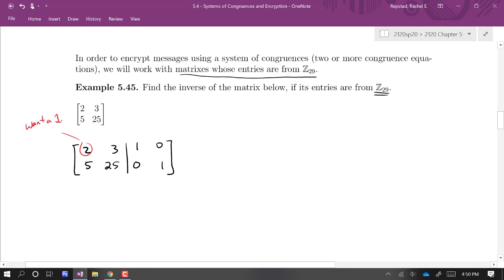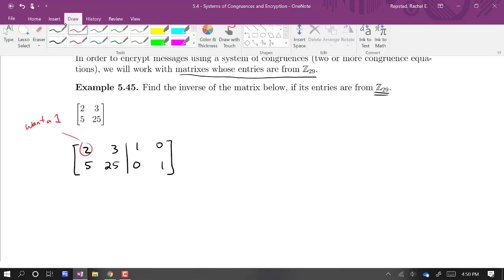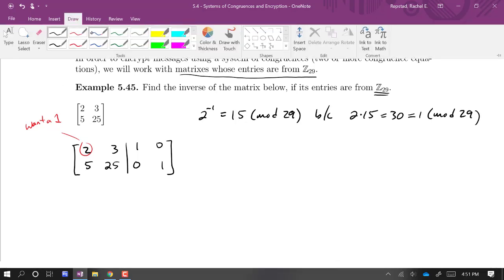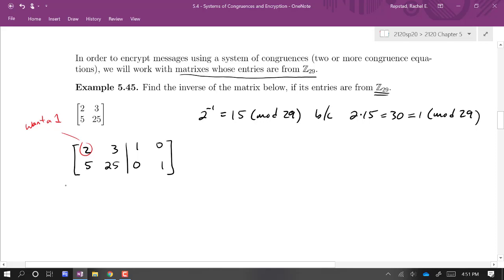So in Z29, note that 2 inverse is equal to 15 mod 29, because 2 times 15 is 30, which is 1 mod 29. So I'm going to multiply row 1 by 15 and put the result into row 1. As I do this, I'm going to reduce mod 29.